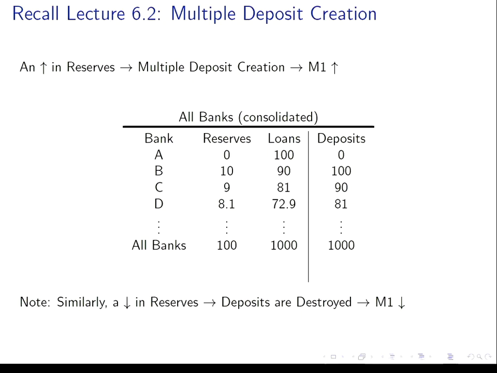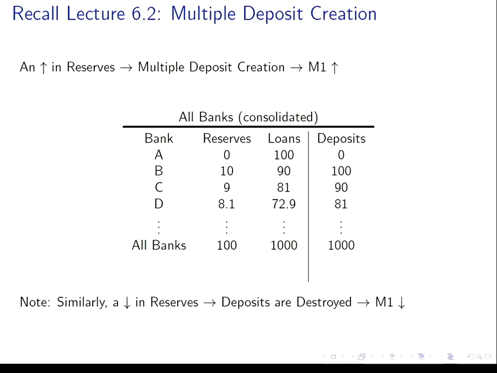The key of multiple deposit creation here is that you're assuming that there are a lot of banks in the banking system, and that loans being made to someone are ultimately going to some new bank. It's very much possible that in the example we discussed, this person made a loan to this person, who wrote a check to this person, that won't increase the money multiplier.